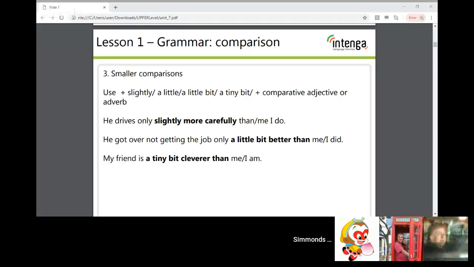Usually get over means positive, but I think in this case, not getting a job, so I'm confused. Okay, well, that's good, I get that. So to get over something means to overcome, to surpass, to not worry about something anymore. So he's not worried about the fact that he didn't get the job.